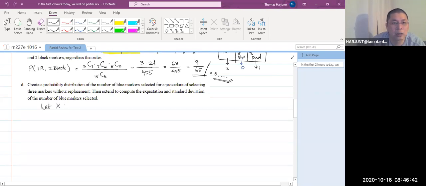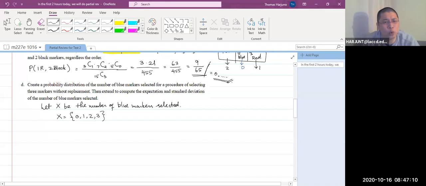Let X be the number of blue markers selected. This X can be 0, 1, 2, 3.